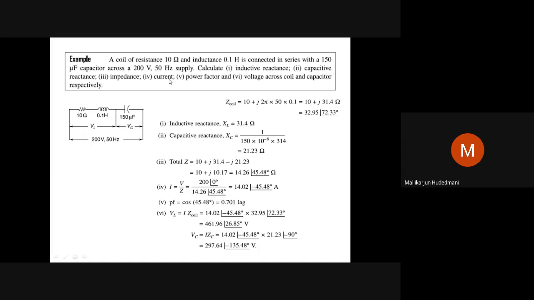Then you want to calculate the current. Using Ohm's law, if I know the applied voltage and the total impedance, V by Z gives me the value of current. That's what is being done here. I equals V by Z. But please refer here, on the other side everything is in the complex domain.